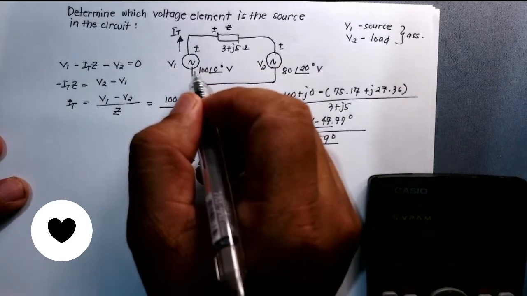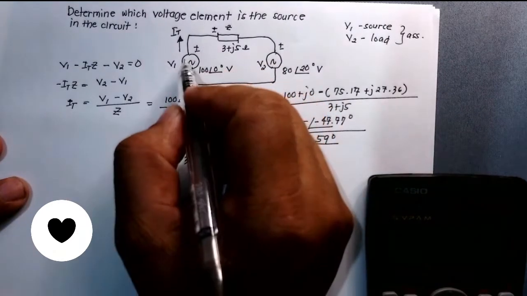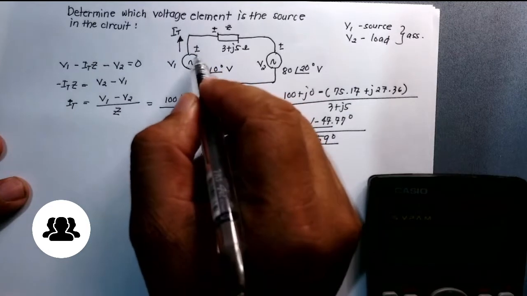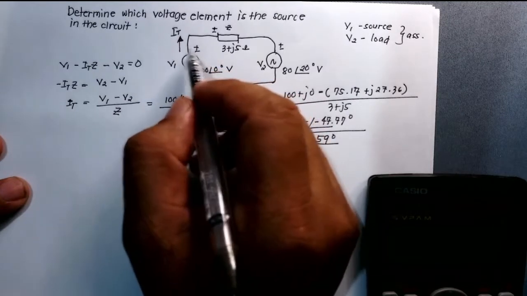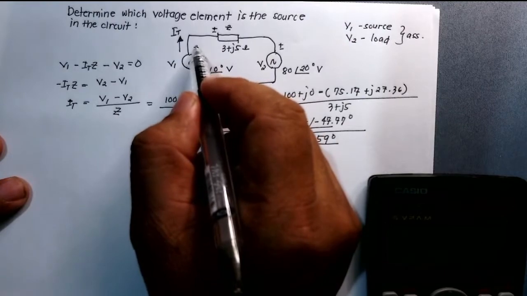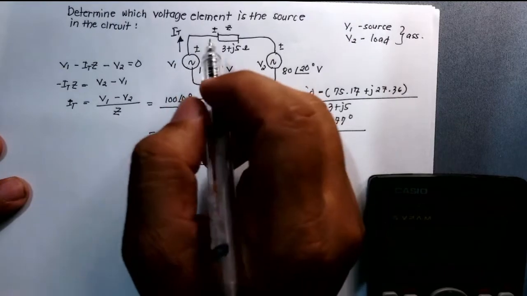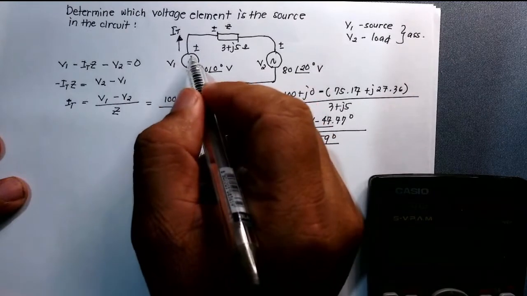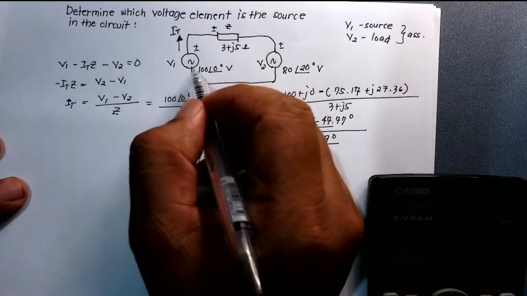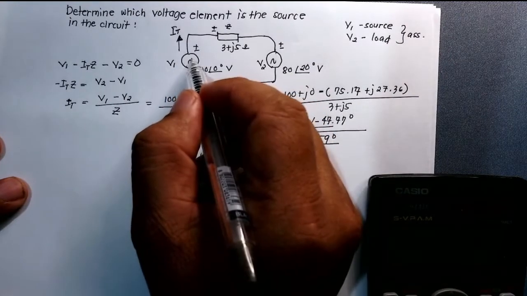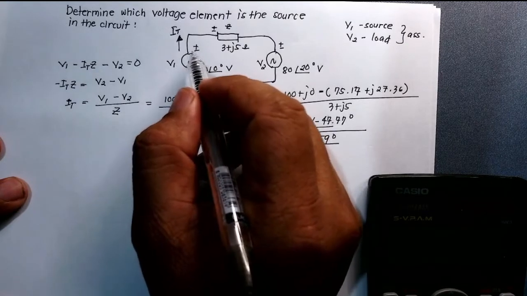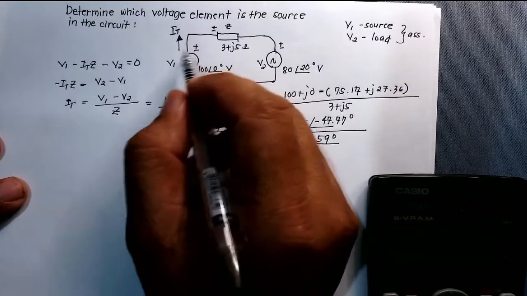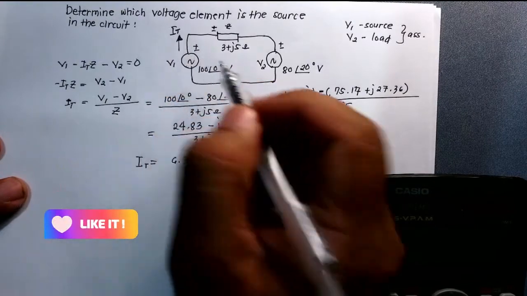If the result is positive, then my assumption is correct, because my current is going out to this polarity. But if I get a negative result, it means that this is incorrect. So it means this will be a load if it is incorrect. But if I get positive, then this assumption is correct. So this is a source.